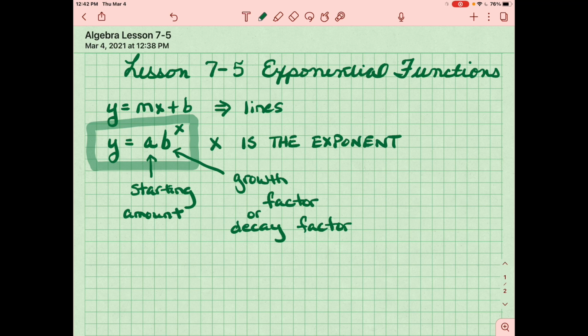So we might see something like this: y equals 2 times 3 to the x. 2 is going to be my starting amount, whatever this is I'm talking about. 3 is my growth factor. That'd be a big growth factor, multiples of 3. And x and y are going to be my variables.